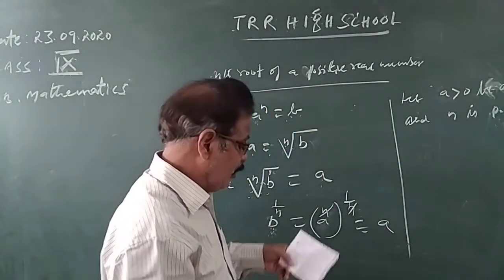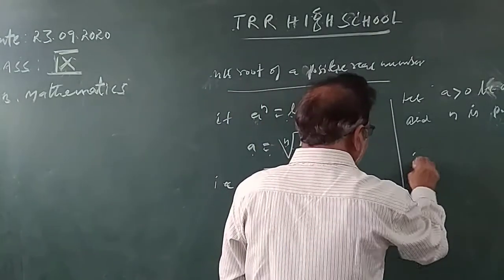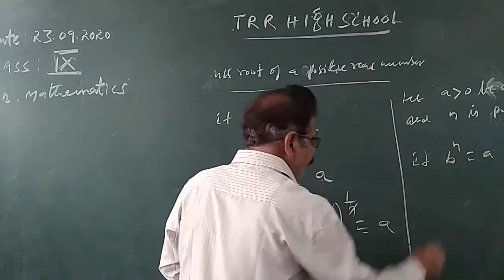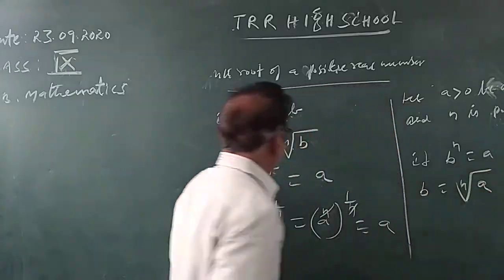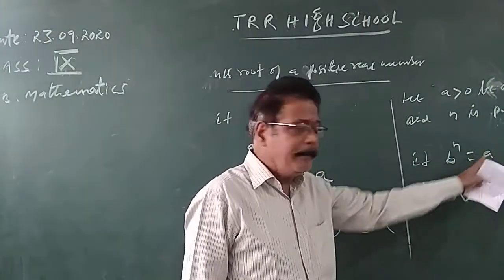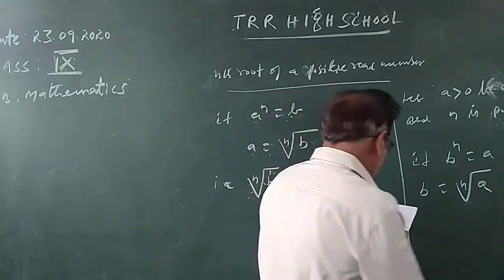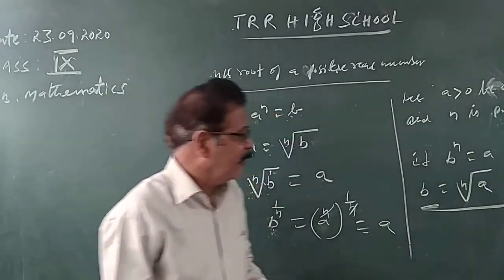Then, if b to the power of n is equal to a, b is equal to what? The nth root of a. B power n is equal to a, so b is equal to the nth root of a. So here b is called the nth root of a.